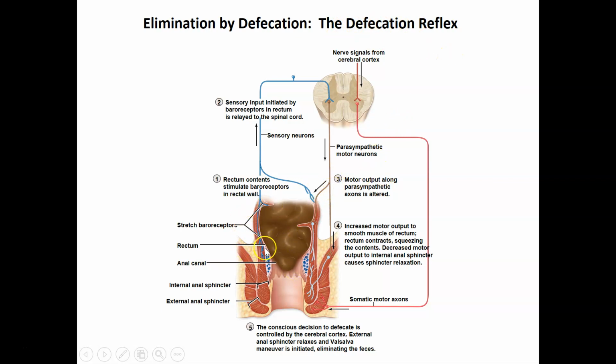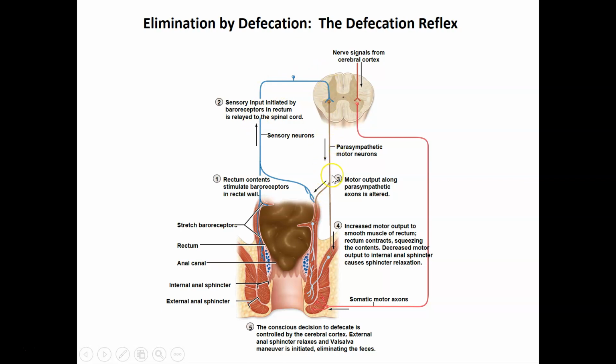So what's shown on the left here is the reflex. This is all involuntary. This is involving the autonomic nervous system. Here's a sensory neuron detecting the stretch. They're called stretch baroreceptors. When feces accumulate, those are activated. They send a signal to the spinal cord, and that reflex will send out a motor impulse.